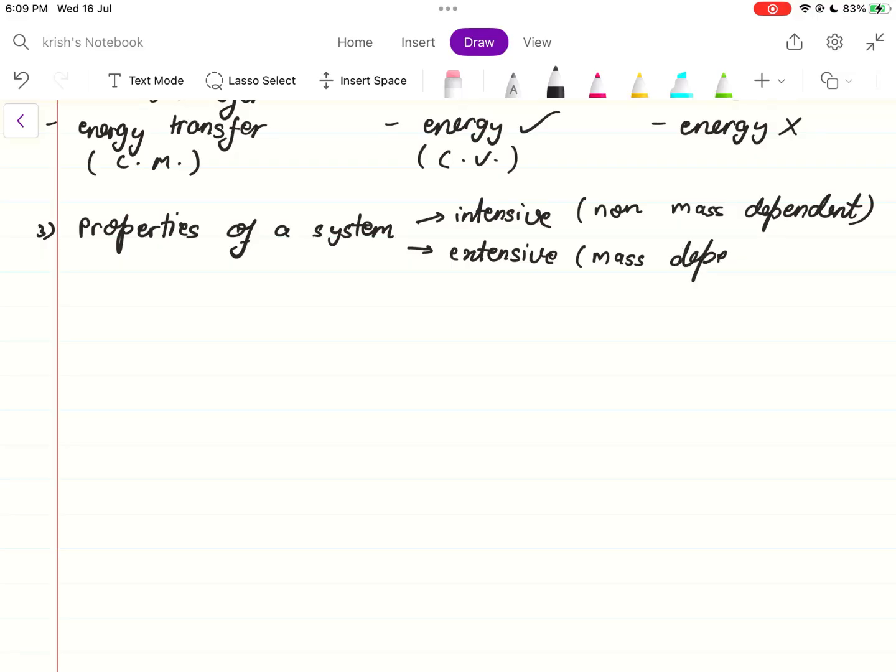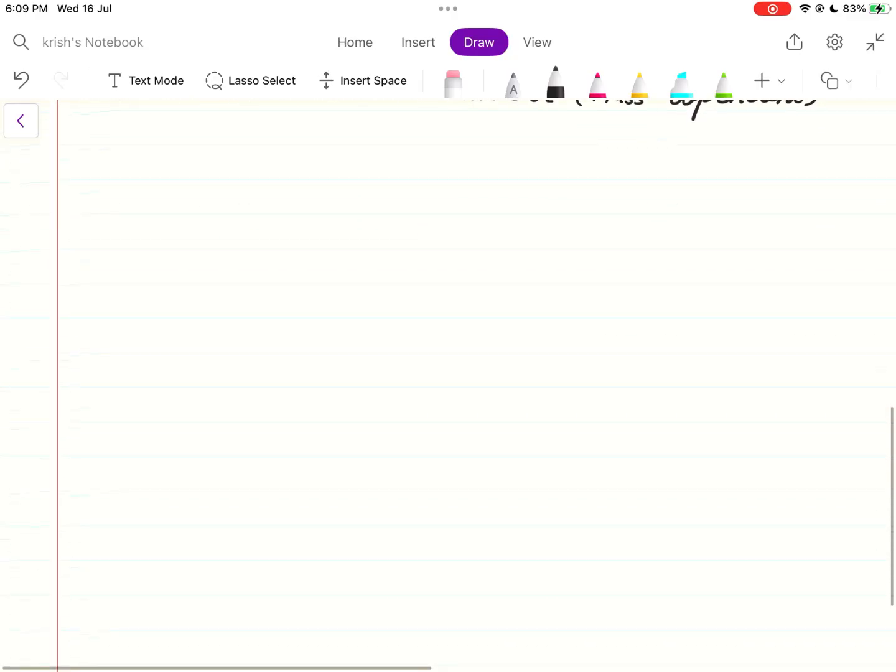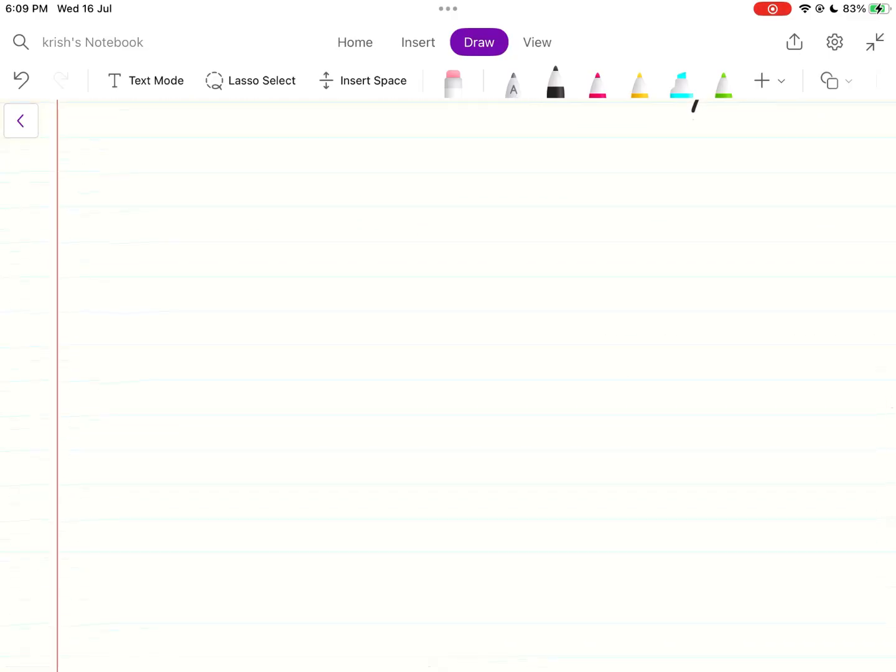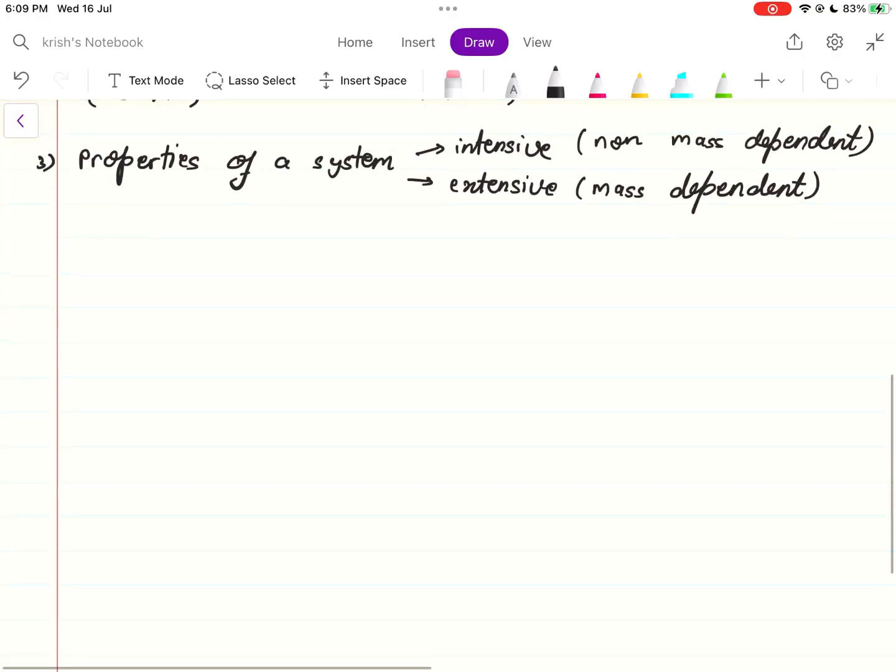I'm sure most of you already know this from JEE prep, but for people who have a thermodynamics course later on, like in 1-2 like I did, this can be a refresher. So, examples of intensive properties are your pressure, your temperature, your density of system. And extensive properties have a lot of examples like specific enthalpy, specific internal energy, etc.